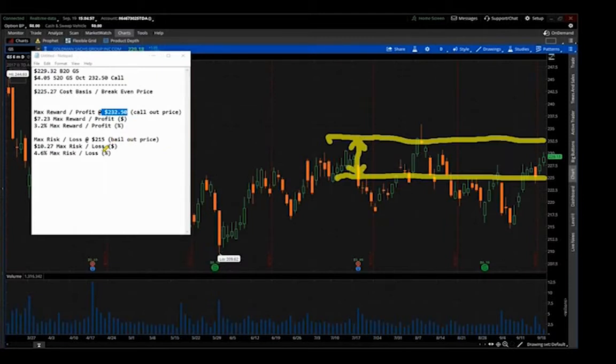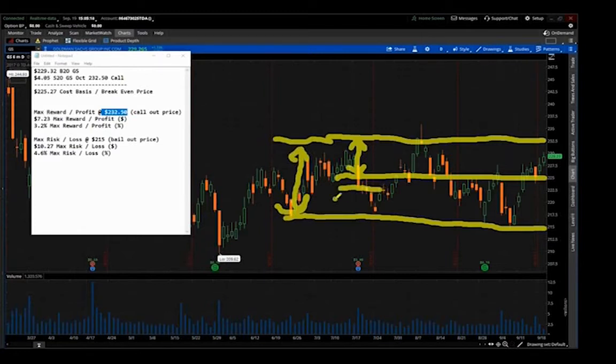Now I've got this bailout price down at 215. This is my trade zone. Every cycle of option premium is going to lower my profit zone until ultimately it gets lower than my trade zone.